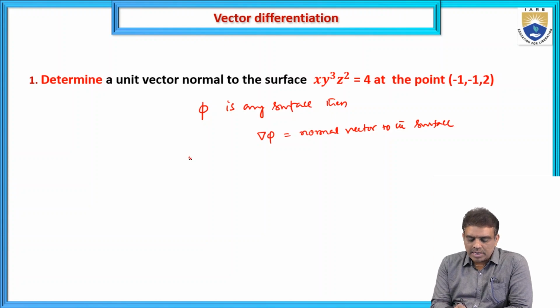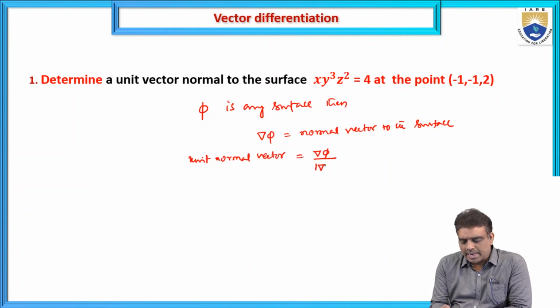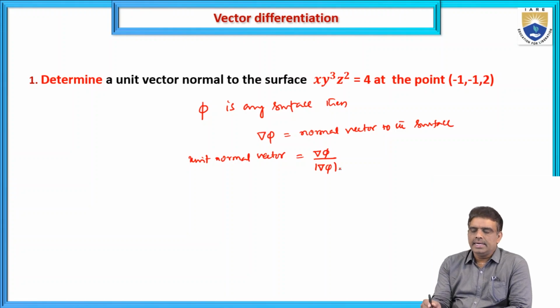And here we have to find the unit normal vector. What is the unit normal vector? That is grad phi by magnitude of grad phi at the given point (x, y, z).